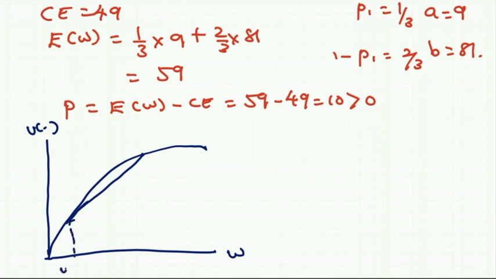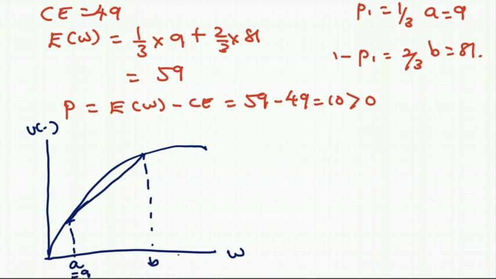And if we take 2 points and join those 2 points, then we get something like this. So here, let's say W1. Here, let's say W2. And then the E(W), where is it? W1 here is A actually. W2 here is B. Okay? So let me change it so that you're not confused. So A and B. A is what?